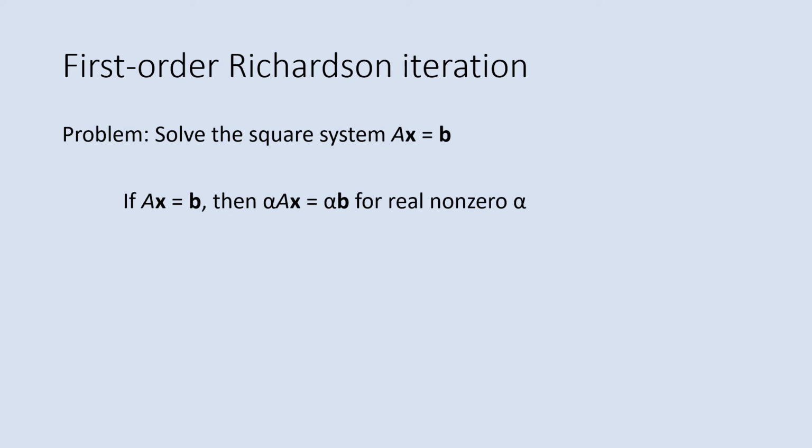Now we've specified here that it's non-zero, but it's true if it is zero as well, then the zero vector is equal to the zero vector, but that's not very meaningful and that doesn't help us do anything. So we're going to only consider these alpha values that are non-zero.